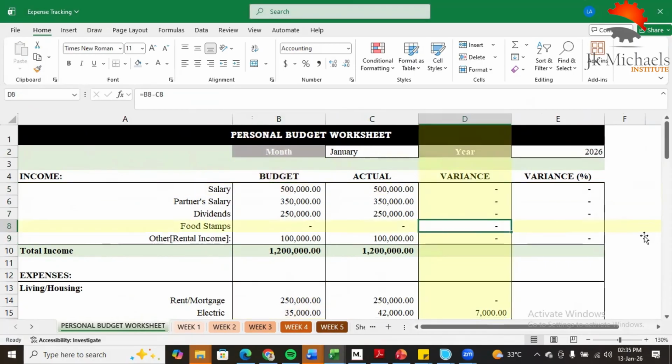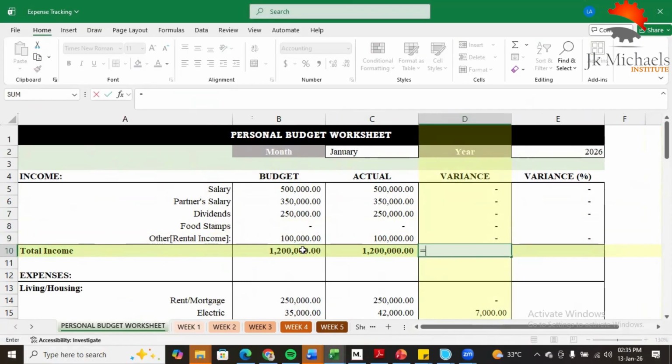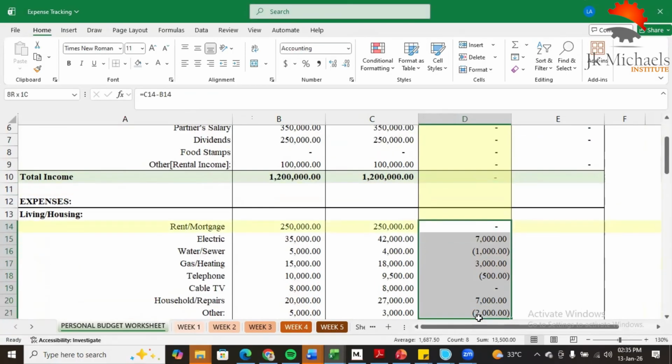Okay. So budget minus actual is 0, and in this case again, budget minus actual is 0. So this is to look for where we performed well in the budget and where we did not perform very well. Now let's look at our expenditure.